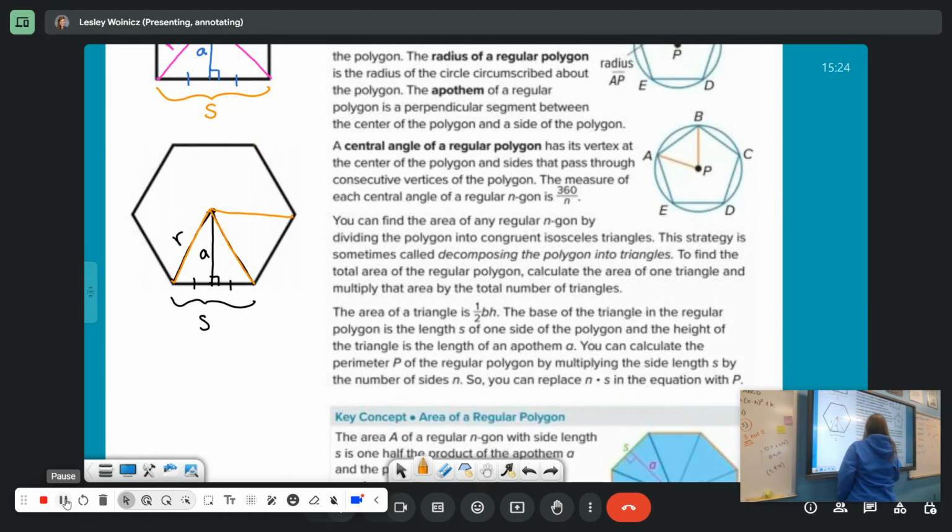Okay, so let's concentrate first on this triangle. Tell me what the area formula for a triangle is. Okay, so we know that the area for the regular polygon is going to have 4 or 6 or 5 or however many small little triangles. So we're going to call the number of sides n.